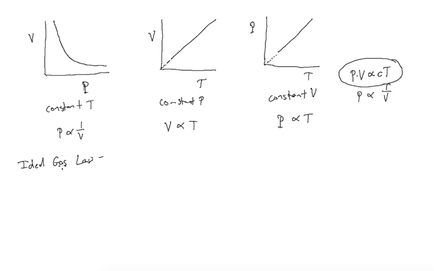So this is a very good approximation for most gases, better for some than others, but it's pretty good. It's sometimes called the equation of state. I don't really like to call it that because there are multiple equations of state. This is one equation of state, not the only one, but it is the equation of state for ideal gases.